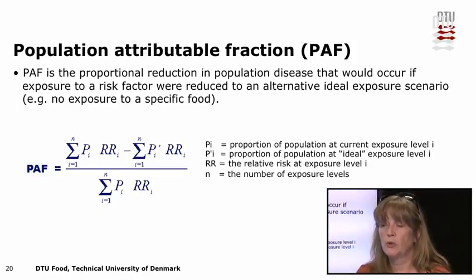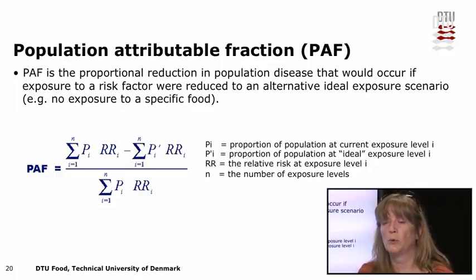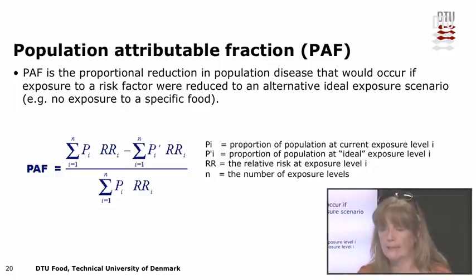So it is reduced to an alternative ideal exposure scenario. So for instance, if you want to check how important consumption of chicken is in Campylobacter, you could go in and say all those that have eaten chicken, let's say they did not have chicken, and how much would you then reduce the population attributable fraction, or how much would you reduce the number of illnesses.